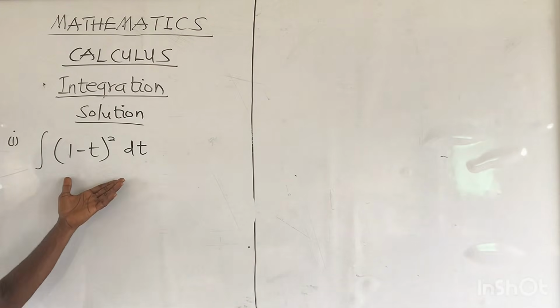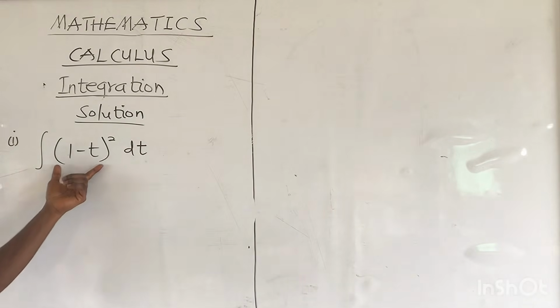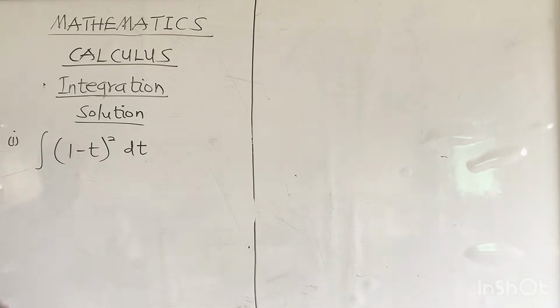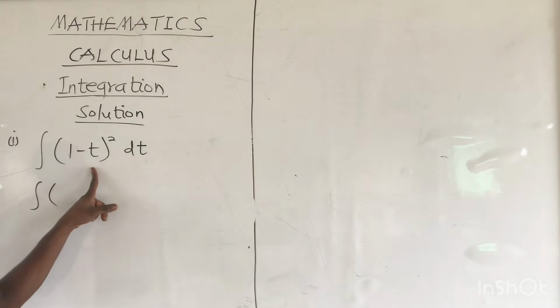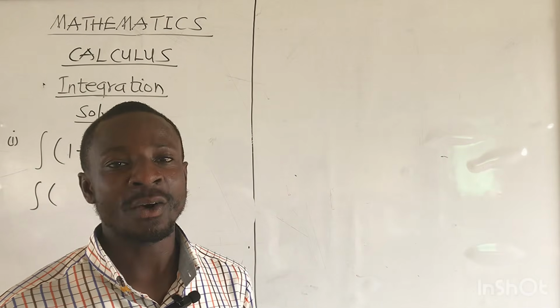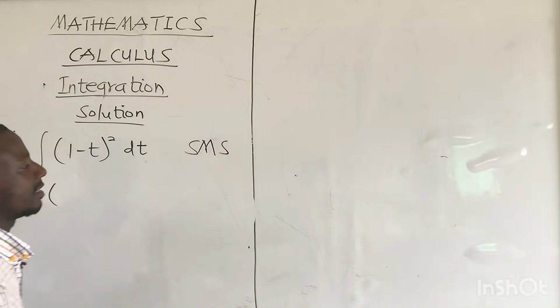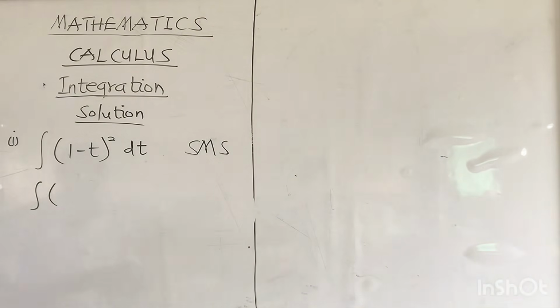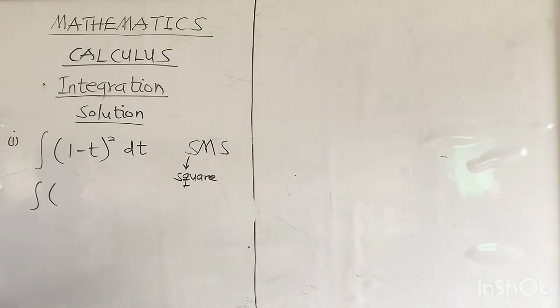Now, when a question like this is given, the first thing you are supposed to do is to expand this bracket. So we have the integral of, now when we are expanding, I have a trick I normally use, which I call the SMS. With the SMS, the first S means square. So we will square the first term. When we square this, we still get 1.